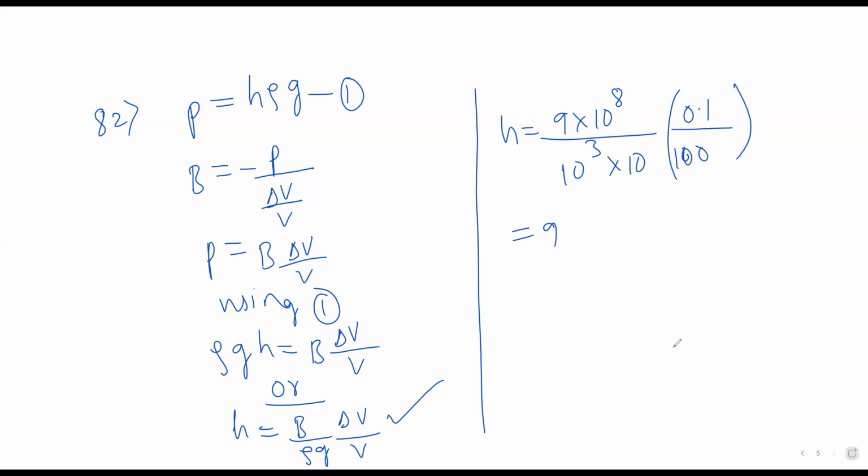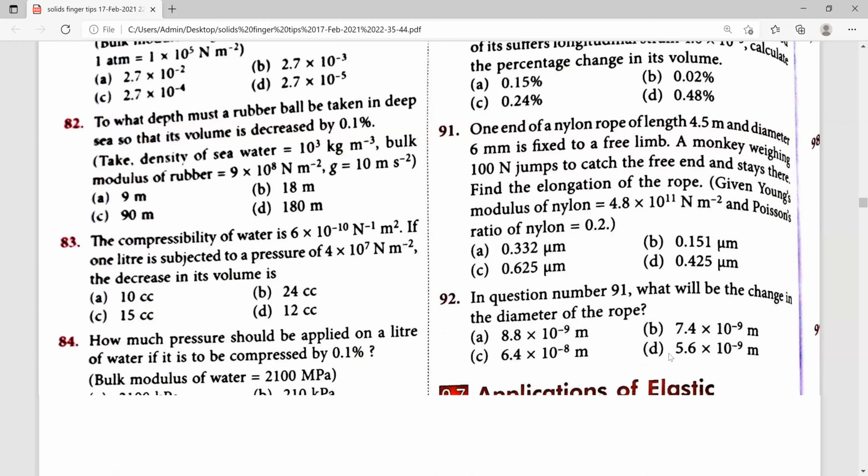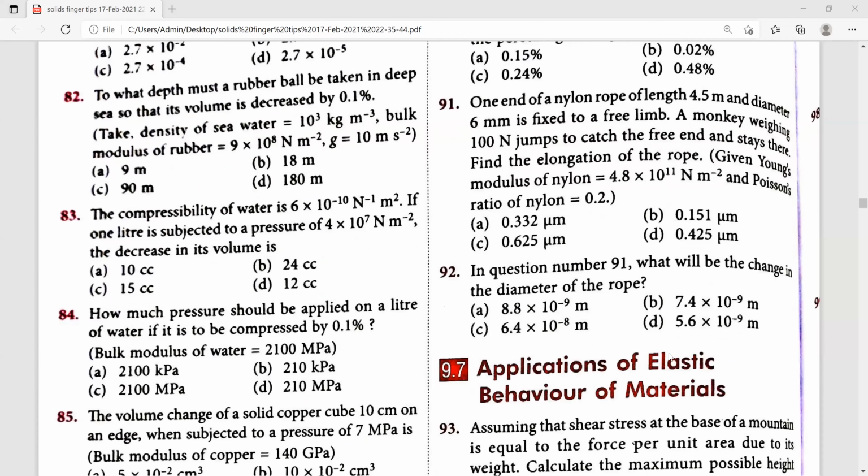Simplifying, we get H as 90 meters. Therefore, the right answer for question 82 is option C.